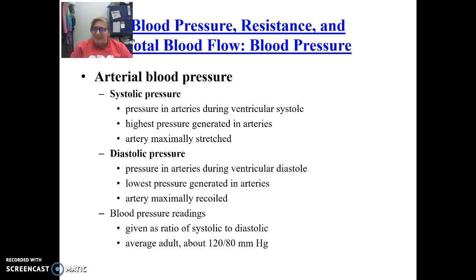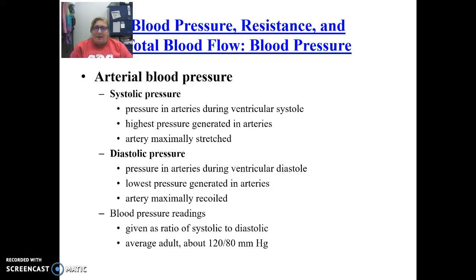And so our typical pressure is about 120 over 80. That's not a bad pressure. You know, it can be 120 over 70. You don't want to go too high with your systolic pressure, so above 140 is considered high blood pressure.